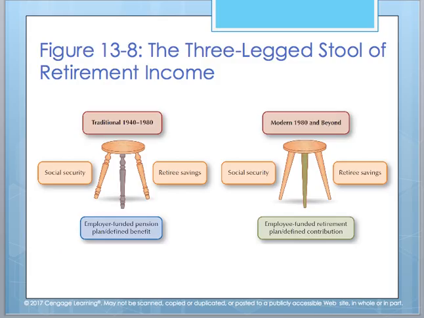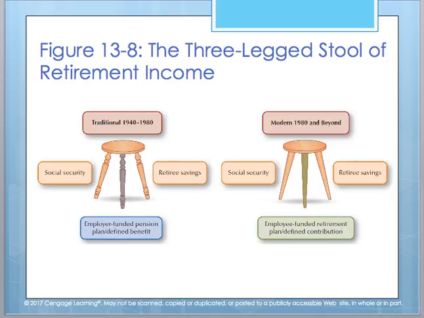Now, there's what they call a three-legged stool of retirement income, traditional and modern. Traditional was from 1940 to 1980, and modern was everything after 1980. Under the traditional model, it focused on employer-funded pension plans as a defined benefit.